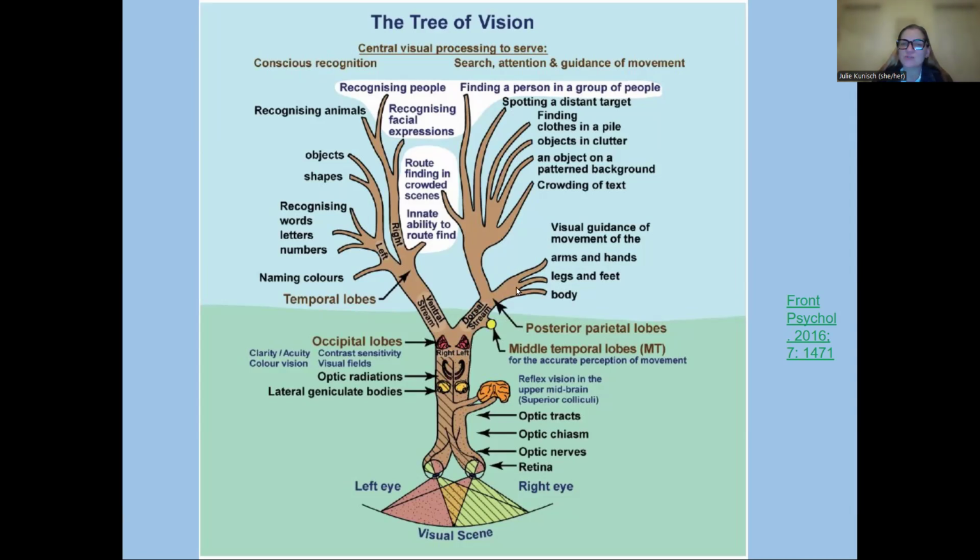The dorsal stream is fast. So this visual information goes really fast to the dorsal stream. It's not really interested in details. It's interested in searching to find something, or a quick visual look when your attention is alerted, and also to guide your movement. So this vision happens really fast, but there's not a lot of detail.